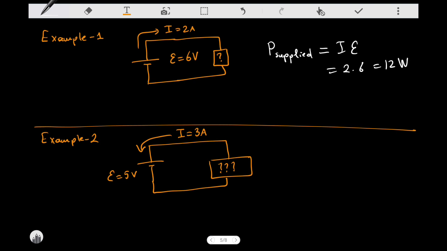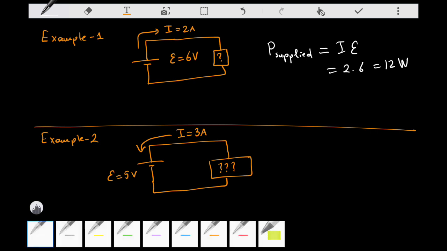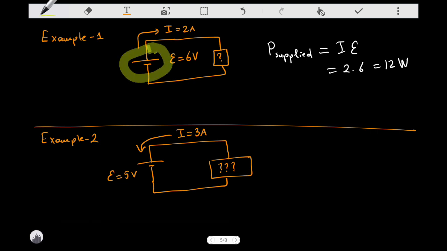Right? In that case, this EMF device supplies positive energy to whatever is in here. So therefore, the EMF device loses energy, that thing gains energy. The charge carriers carry the energy from the device to whatever is in here.